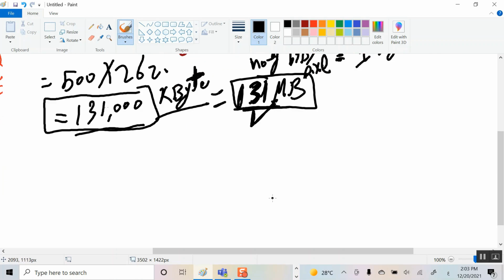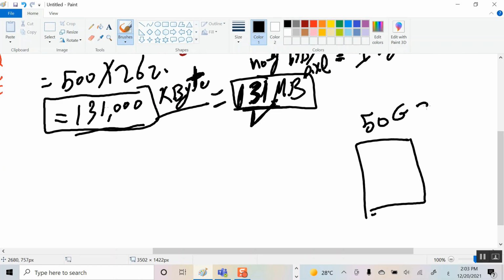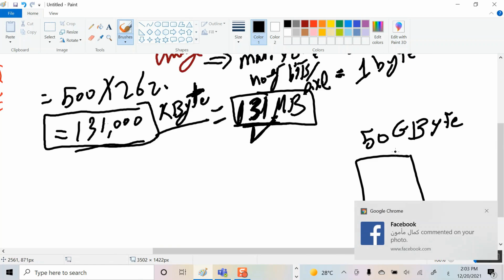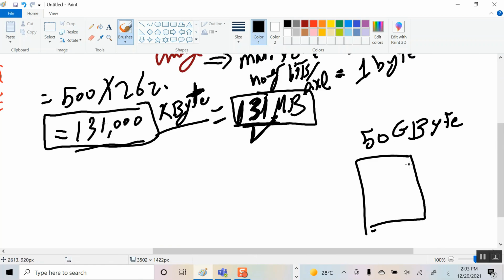Now, if I have a hard drive as a device, I want to know how many images can be stored comfortably in 50 gigabytes. If each study is approximately 131 megabytes, how many of them will these 50 gigabytes accommodate?